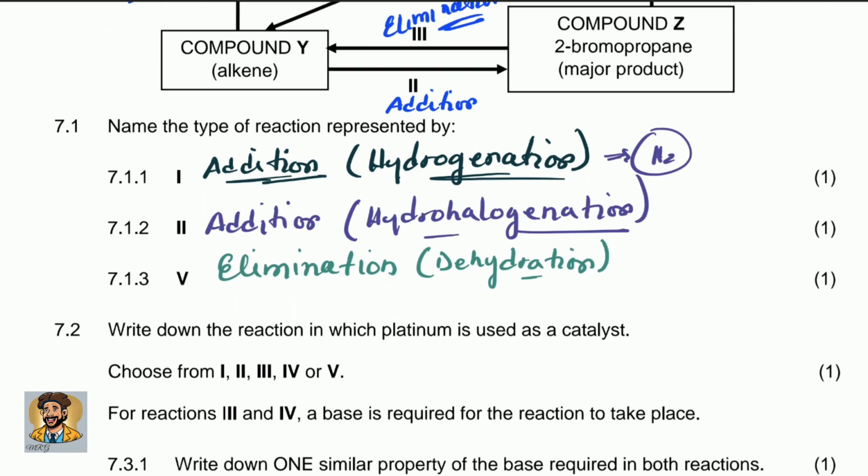Question 7.2: write down the reaction in which platinum is used as a catalyst. Let me tell you something: platinum is used as a catalyst in only one reaction, so you have to memorize that one, and that reaction is hydrogenation. It's the only reaction in which platinum is used as a catalyst.